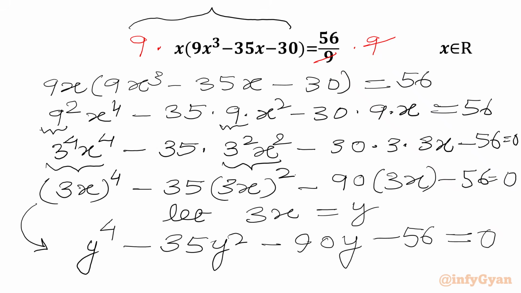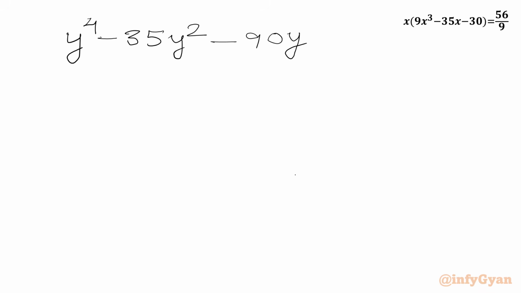I will be solving this equation using synthetic division method and rational root theorem. So let me write here y power 4 minus 35y square minus 90y minus 56 equal to 0.